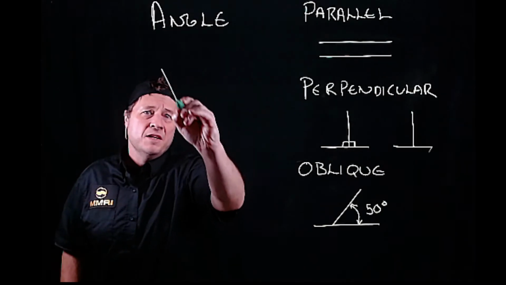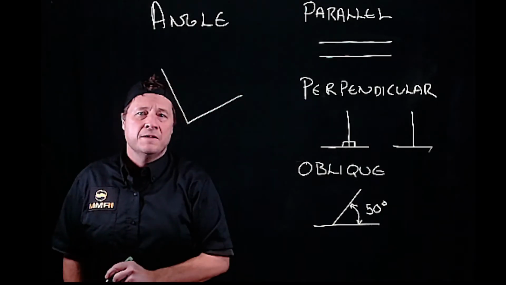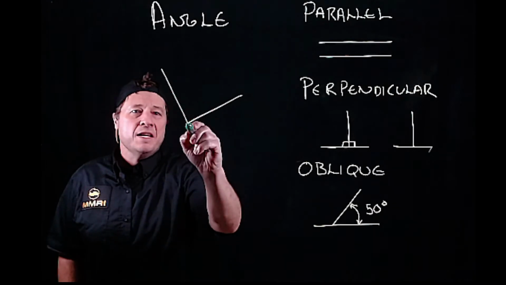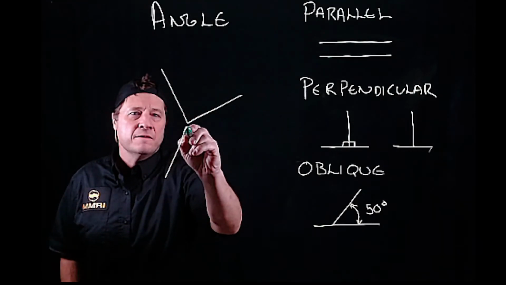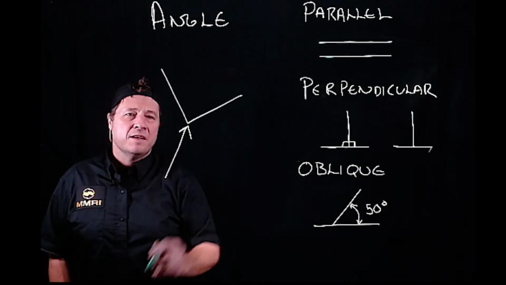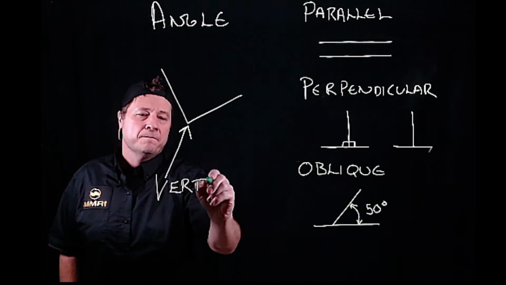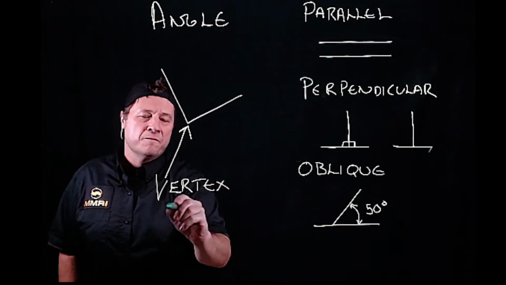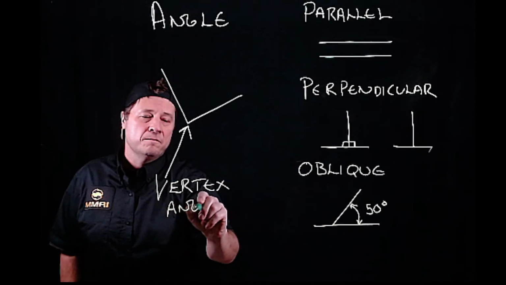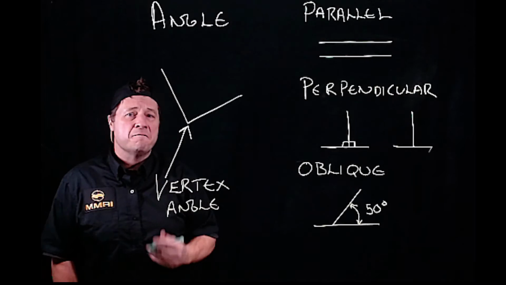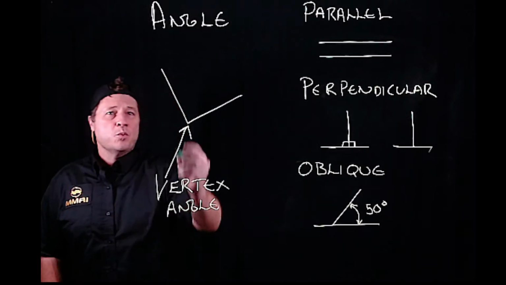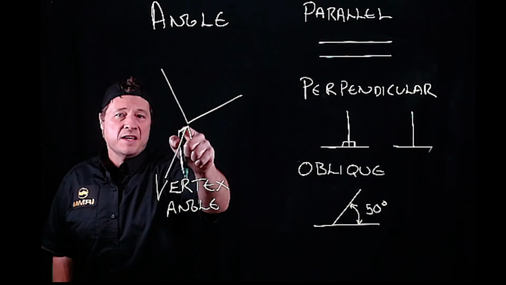Anytime you have two lines, where they meet, that point right there, that's called the vertex. Often you'll see it referred to as the vertex angle. So anytime we talk about a vertex angle, that's where two lines meet.